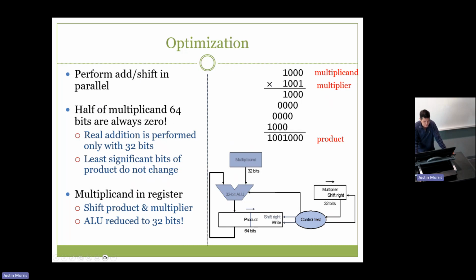So the way that we are doing this add and shift in parallel is we add to the upper bits of the product register now, rather than to the product register as a whole. And then we shift the product register to the right by 1, which is the same as shifting the multiplicand to the left by 1.